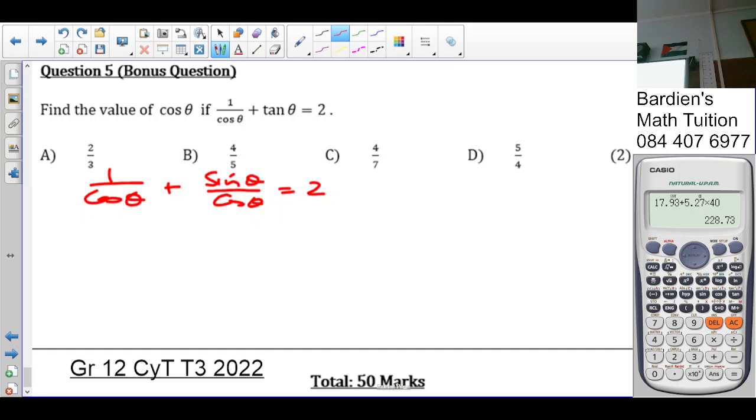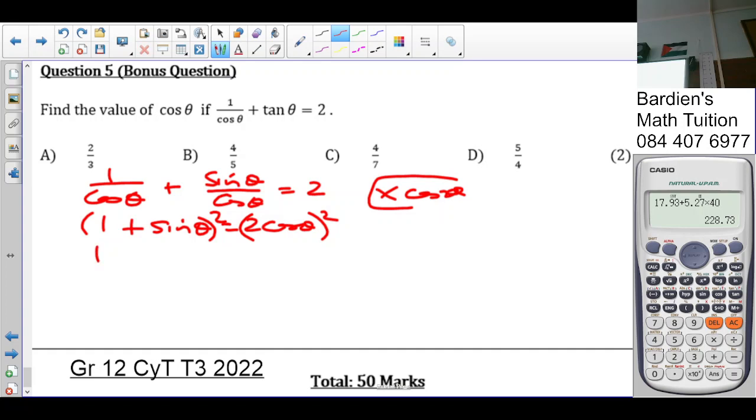So you multiply throughout by cos. So we then get 1 plus sine theta is equal to 2 cos theta. Not so? Then what do we do? We square both sides. Okay? We square both sides.